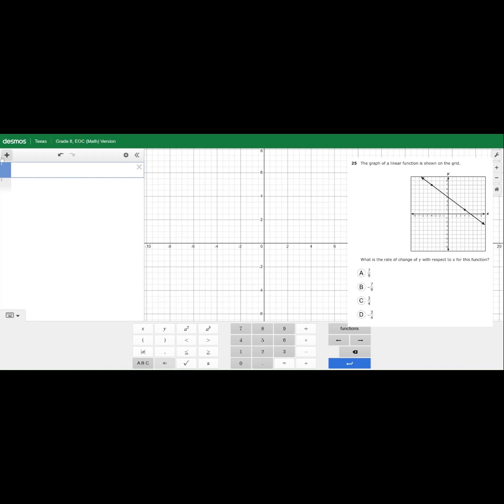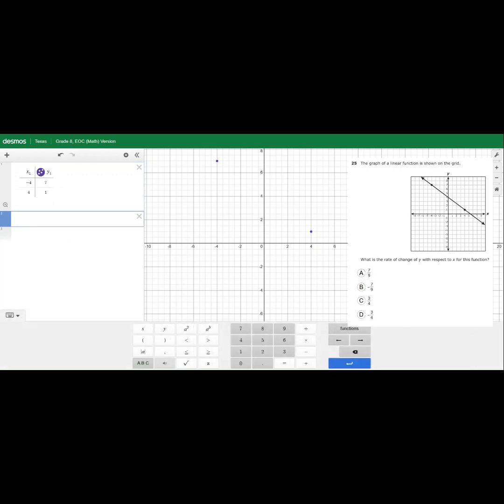But since we have Desmos, we can do that also. The dot on the left is (-4, 7), and the dot on the right is (4, 1).